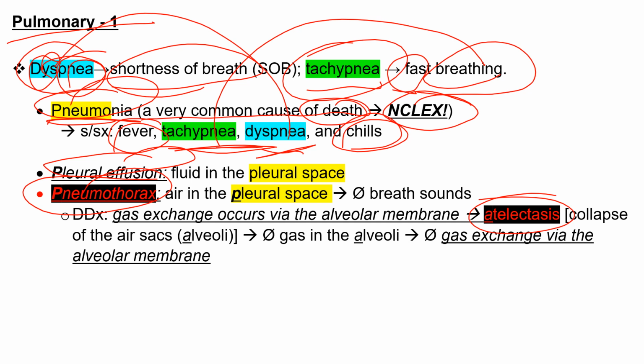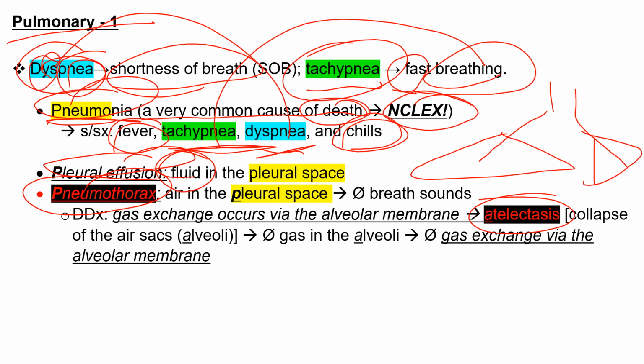Pleural effusion is a collection of too much fluid in the pleural space. Let me review pleural space with you. So you remember the lungs. We have two lungs on the left and on the right. You know that the lung has a covering which is made up of two membranes.